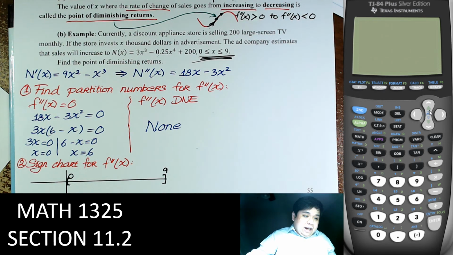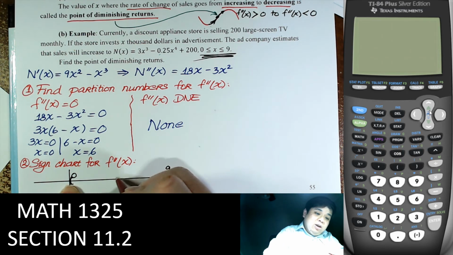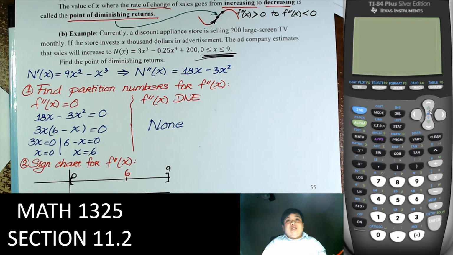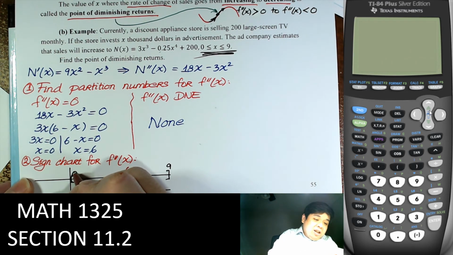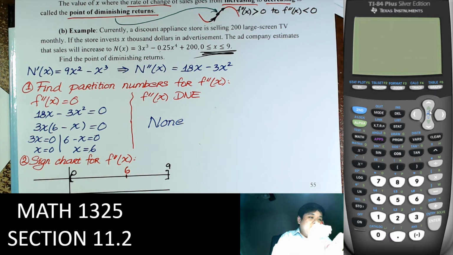Right, and then we have 0 and 6. Because 0 is right on the boundary, we do not really consider it. We only consider the 6. Remember, we need concavity to change sign, meaning we need something on the left of that point and something on the right of that point.